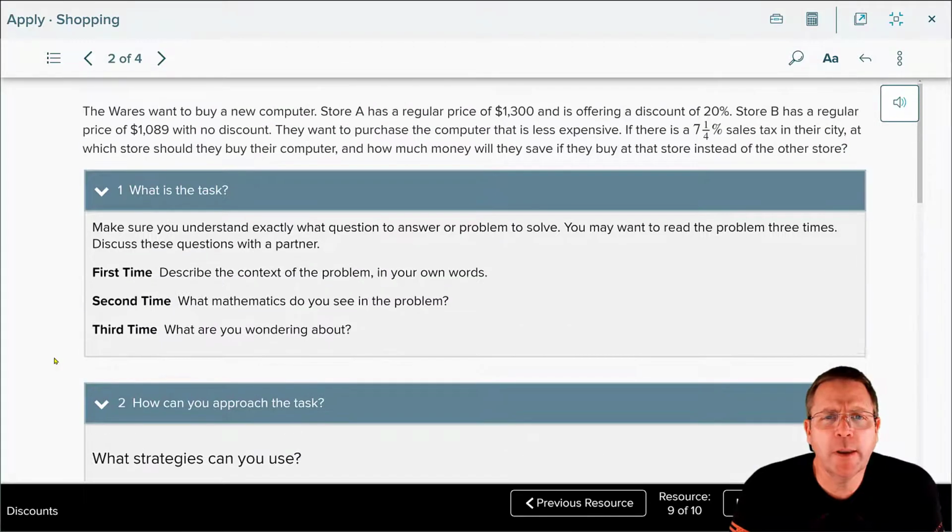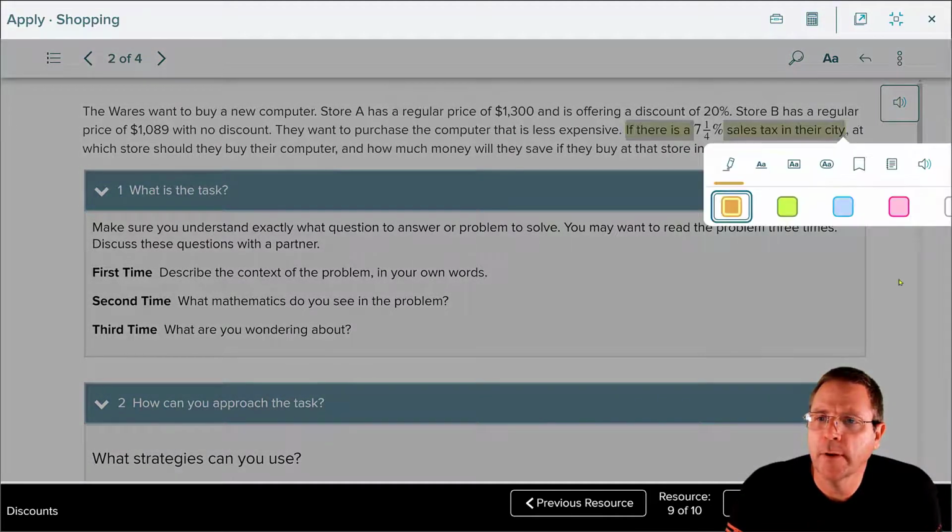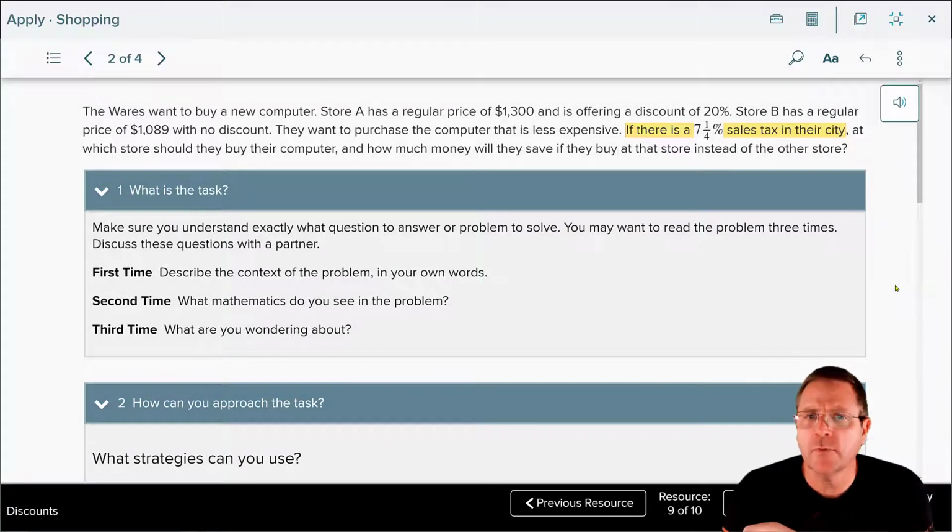Now, I do want to say be careful about something, because let me reread it again. Hold on. Yep, they have themselves a real-life, honest-to-goodness distractor right here with this 7.5% statement. You see, 7.5% does not get involved in a sale or a discount traditionally.